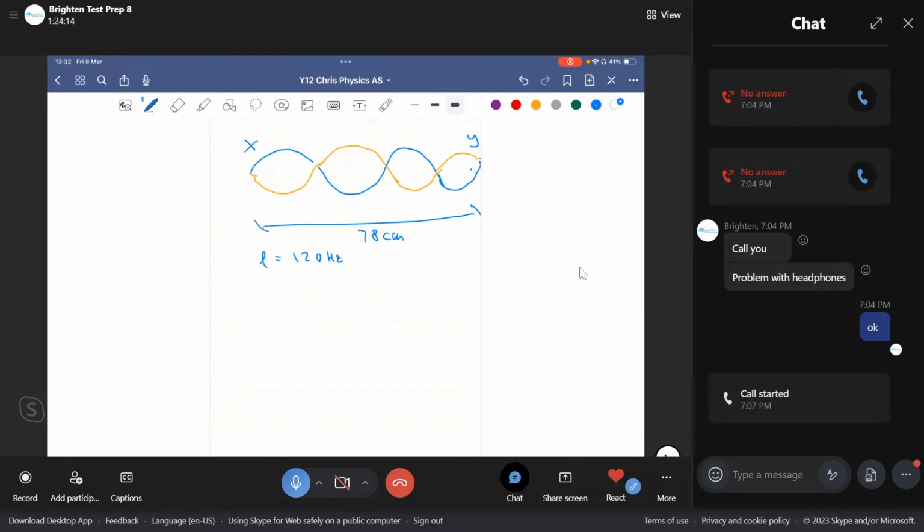Okay. And that's how much? 46.8 meters per second. Yeah, okay.